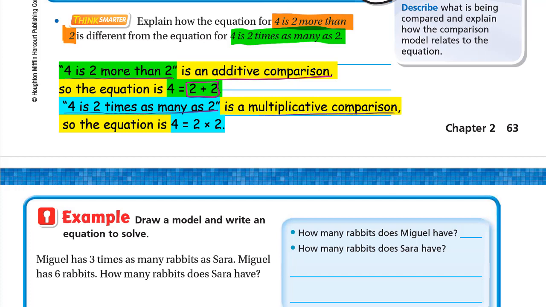So the equation is 4 equals 2 times 2. Okay, so the words more than mean addition, and times as many as mean multiplication.